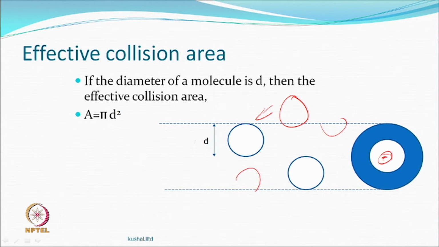So, let us theoretically say what will happen if this is the pipe where this is moving. Within the 2d range, definitely anything that comes, it will strike. We are assuming that all the particles, because of Newton's law, will move in a straight line till they strike something else. When they strike, they can change.